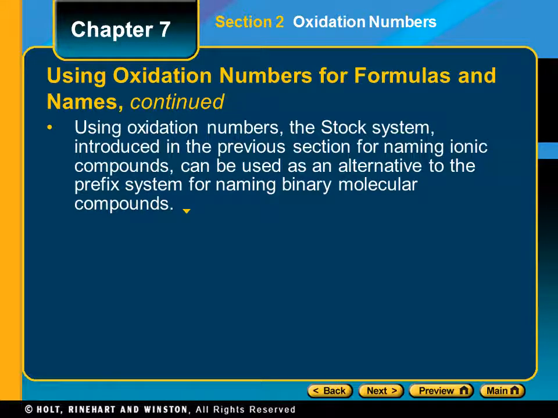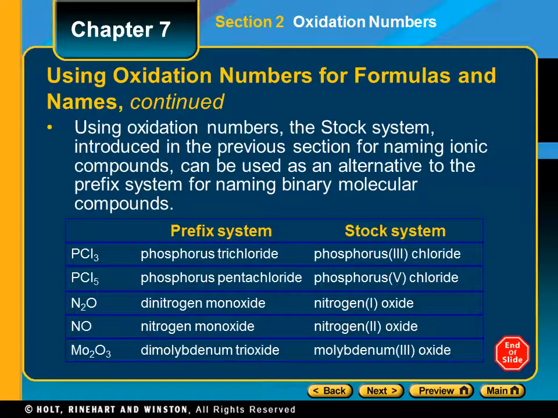If we use oxidation numbers and the Stock system, which we've already introduced, you can use it as an alternative to the prefix system for naming binary molecular compounds. The prefix system says that PCl3 would be phosphorus trichloride, PCl5 would be phosphorus pentachloride, N2O would be dinitrogen monoxide, NO would be nitrogen monoxide, Mo2O3 would be dimolybdenum trioxide.